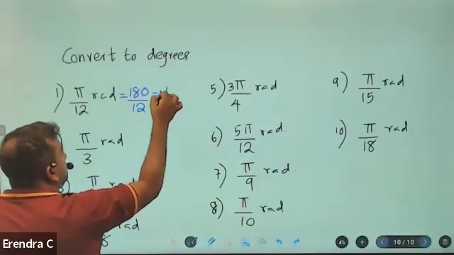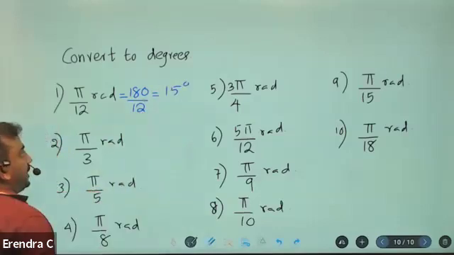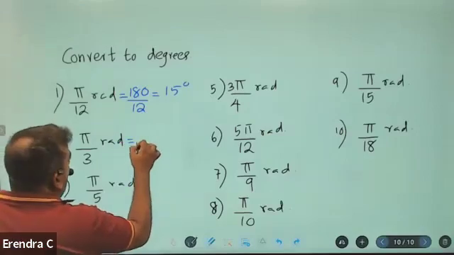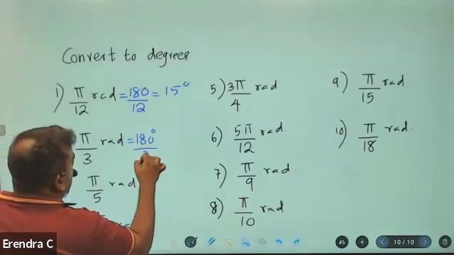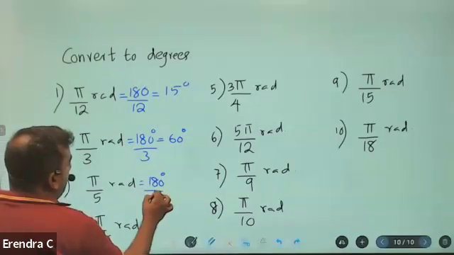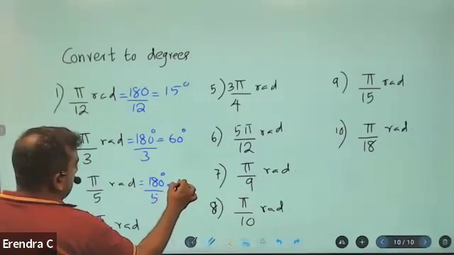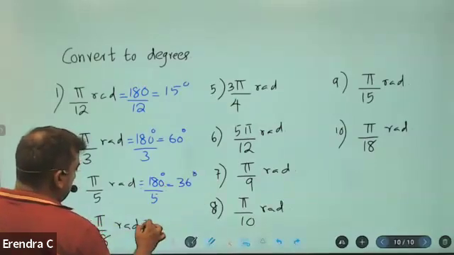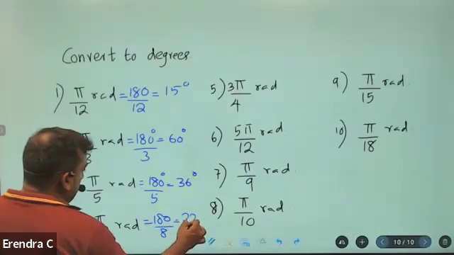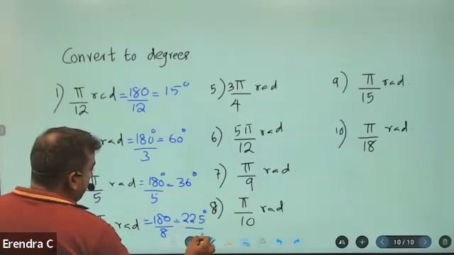How much? 15 degrees, no? Okay. 180 divided by 3. How much? 60. 180 divided by 5. How much? 36. 180 divided by 8. How much? 22.5.